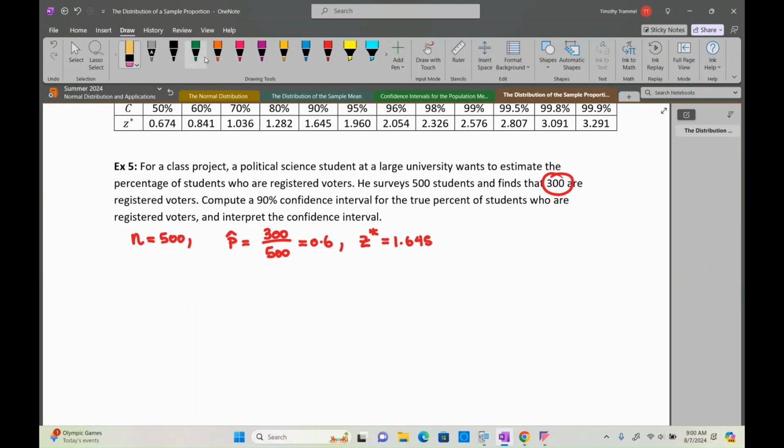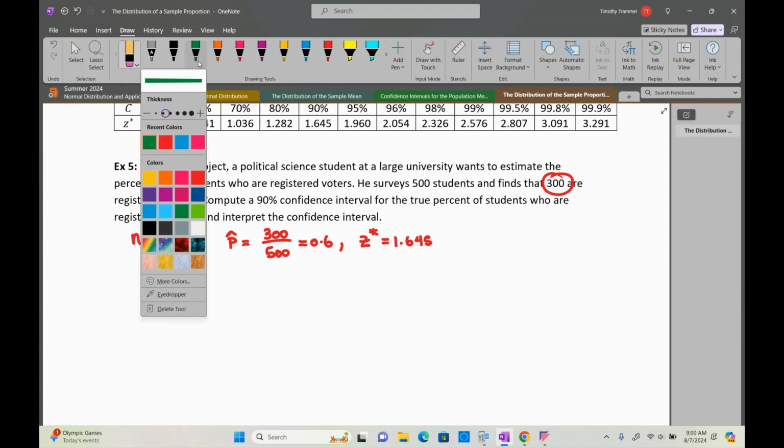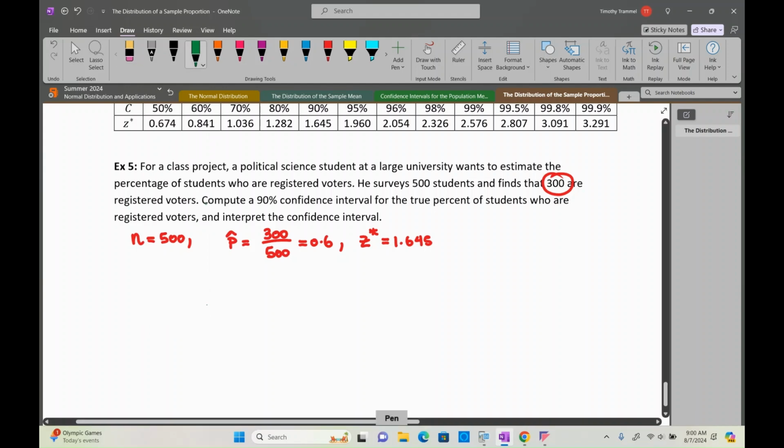Then let me remind you of what our formula is going to look like, and we'll plug all these things in. So we have p hat plus or minus z star times the square root of p hat times 1 minus p hat over n.